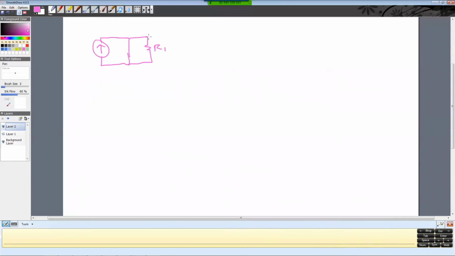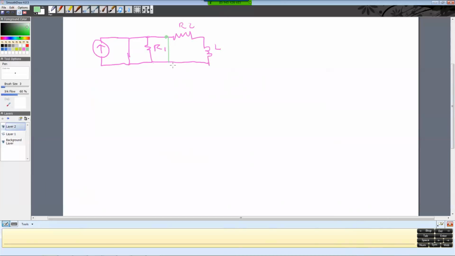So this really isn't going to be there, right? It just doesn't exist. But also, this switch ties these two nodes together.